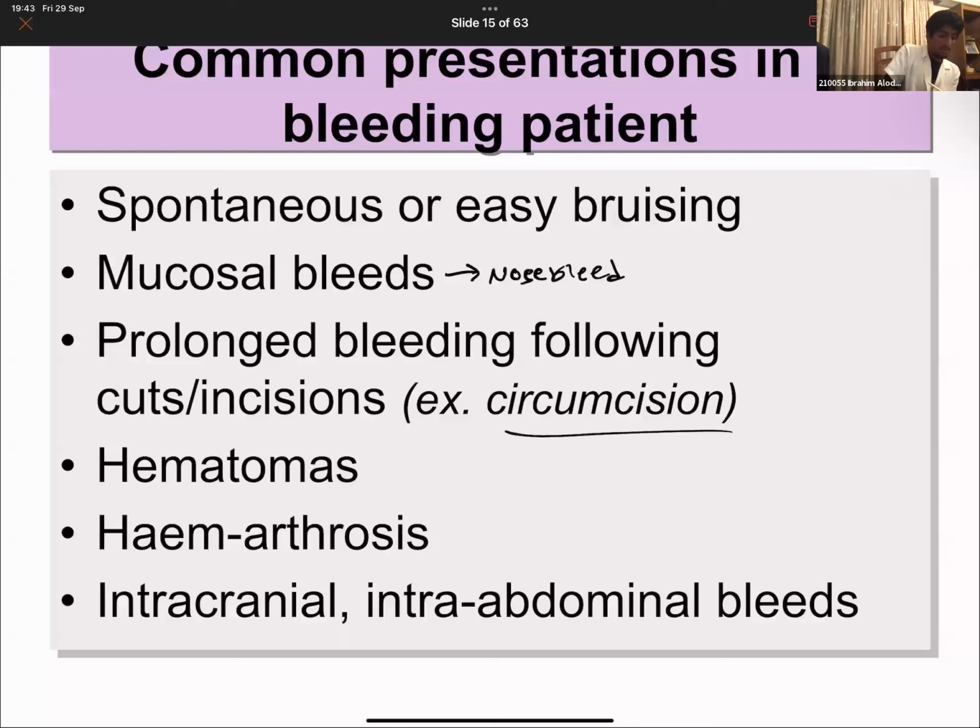Another thing is called hematoma, which just means a collection of blood in a space. All right. Or hemarthrosis, which means the collection of blood in a joint or a cavity. Okay. And last but not least is intracranial, which means in the head, or intra-abdominal bleeds.